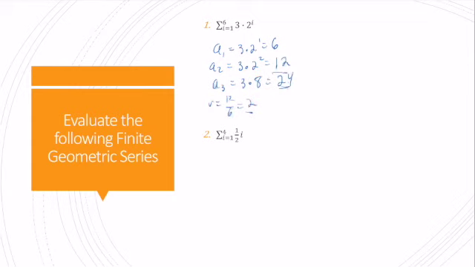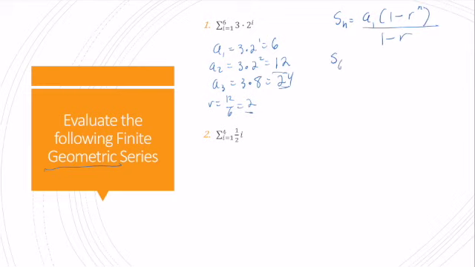So then I can use the summation equation for geometric series. I have S sub n equals a sub 1 times 1 minus r to the n over 1 minus r.